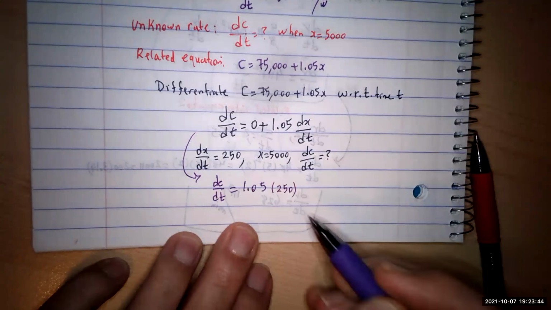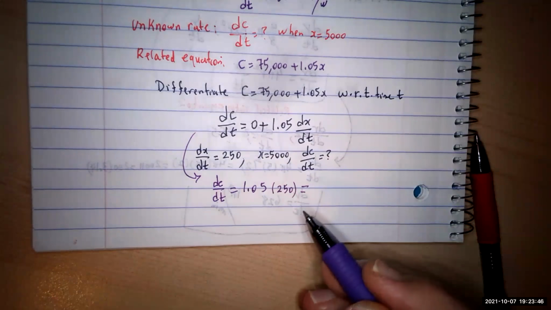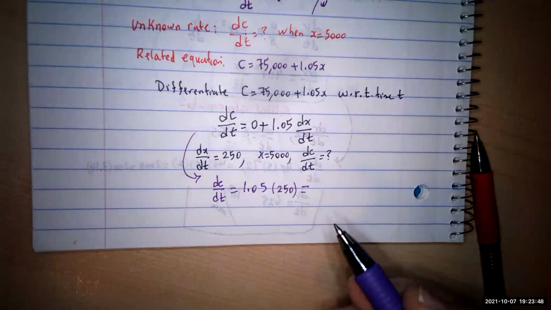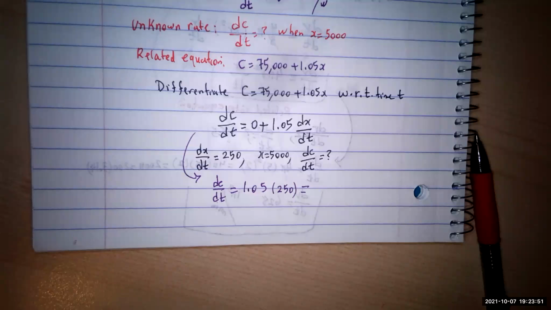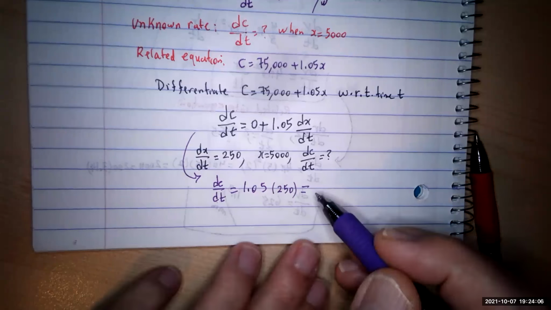That's it. You just use your calculator to get this number. I have 1.05 times 250, and I get 262.5.